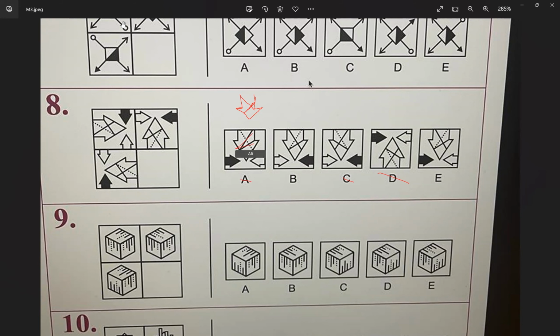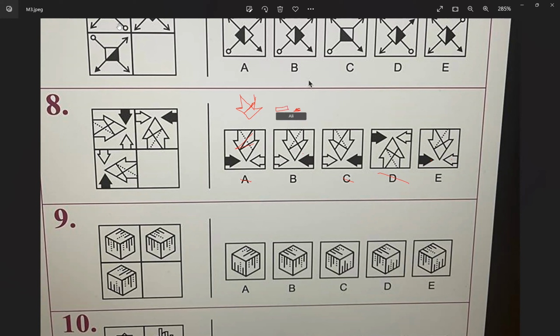And then onto the shadings, because B and E's arrow is correct, but now onto the shading of the small arrows. The black part would be here, and the white part would be here.